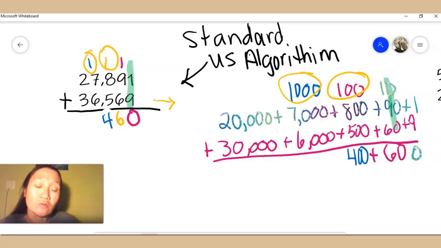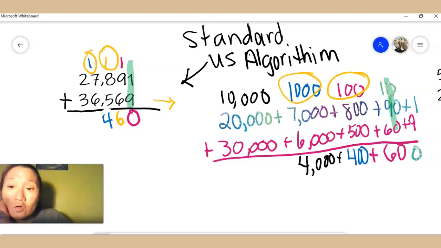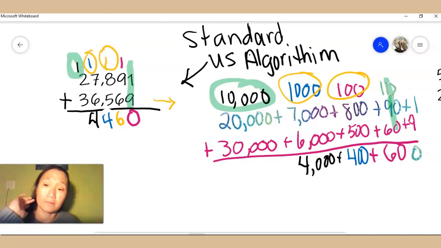So 7,000 plus 1,000 is 8,000, plus 6,000 more is going to be 14,000, so I put the 4,000 here and carry my 10,000 up here. So that'll be 14, carry the 1. This one and this one are the same.